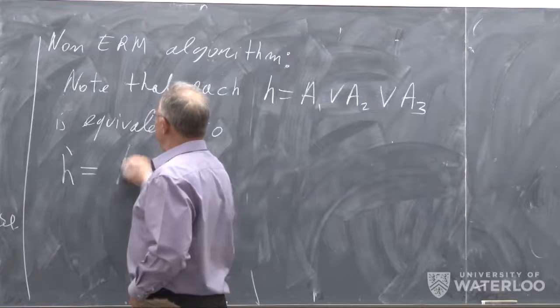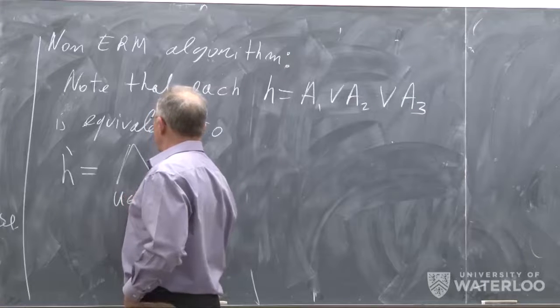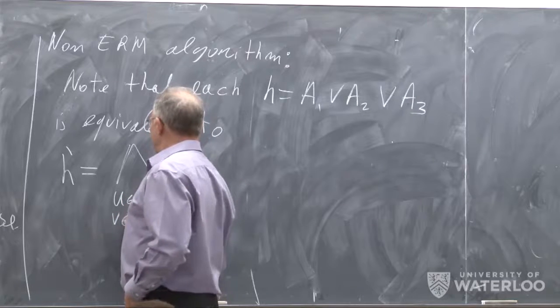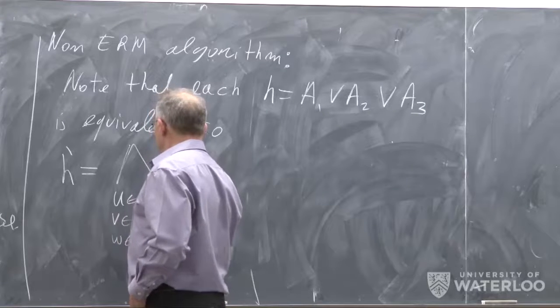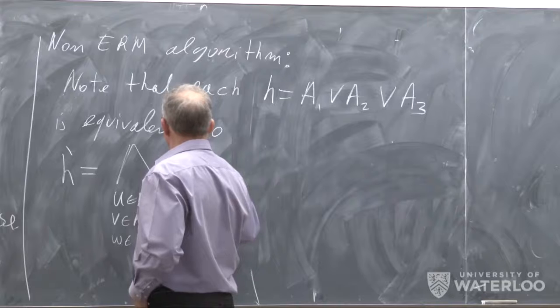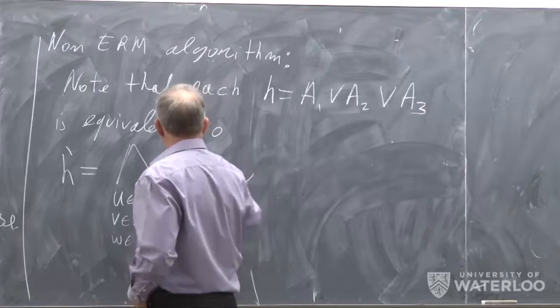I'll have a big conjunction over all u that comes from A1, v that comes from A2, w that comes from A3, of u or v or w.